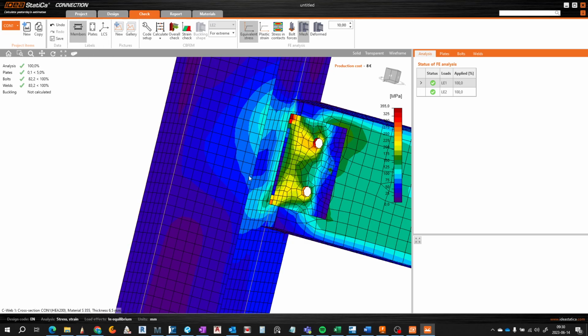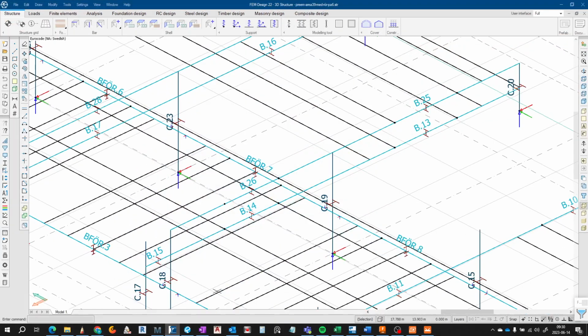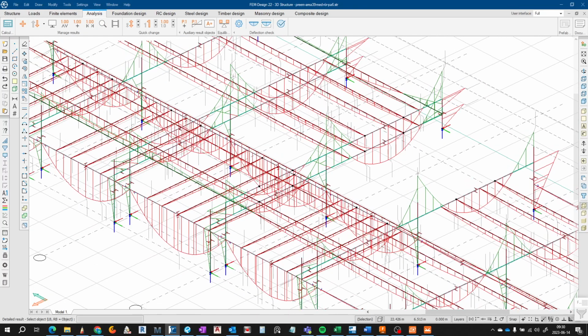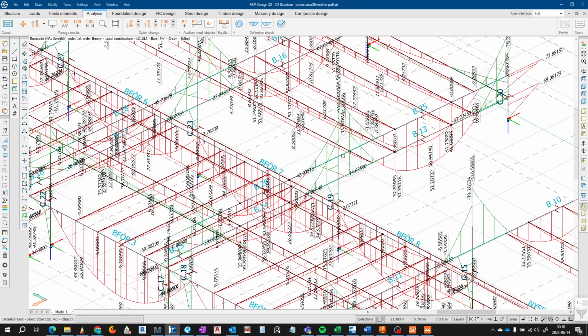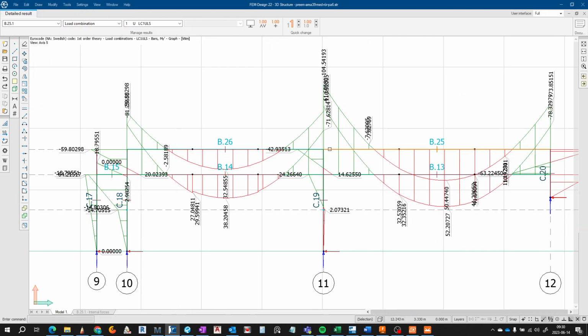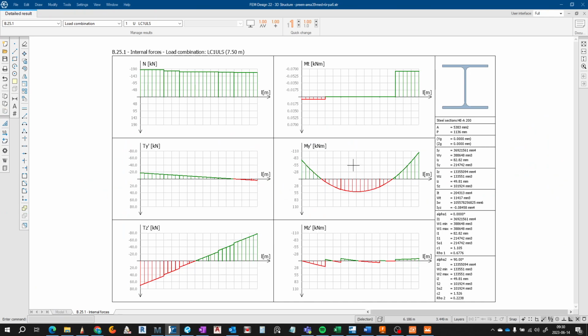We are going to look at another example here. For example, this analysis here, and we are going to look at the system line 5, for example. The link here, the connection over there.